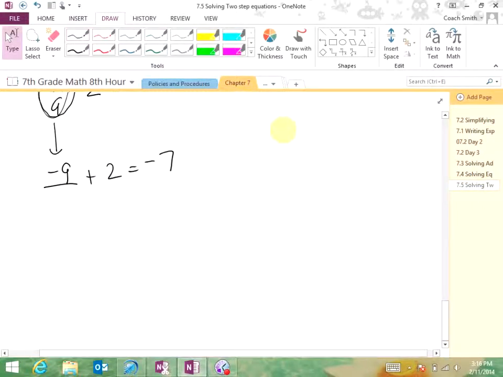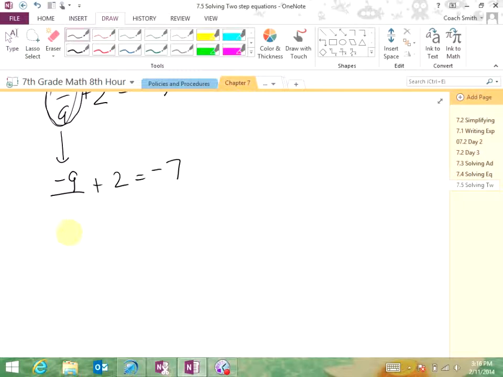Okay? So what I'm asking myself then, x divided by 9 is equal to negative 9. So what does that number have to be that when I divide 9 into it, I'm going to get a negative 9? Better yet, what number do you divide 9 into to get 9?